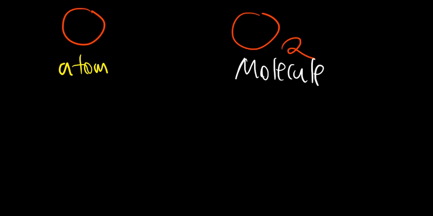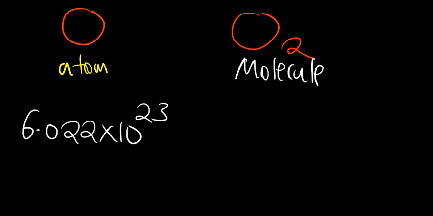So when the question asks you to find the number of atoms, I want you to pay particular attention. If a question asks you to find the number of anything, it may be number of atoms, number of molecules, the formula is always going to be per mole.